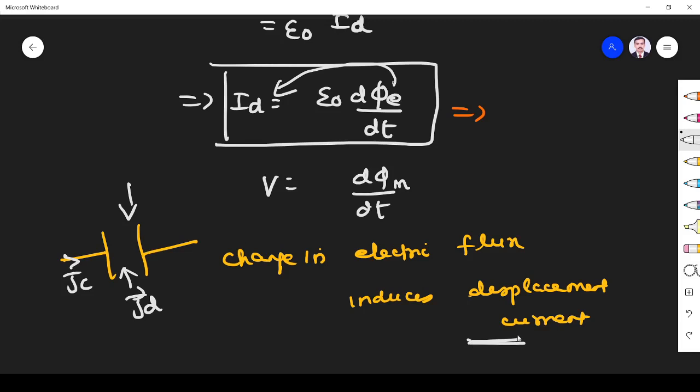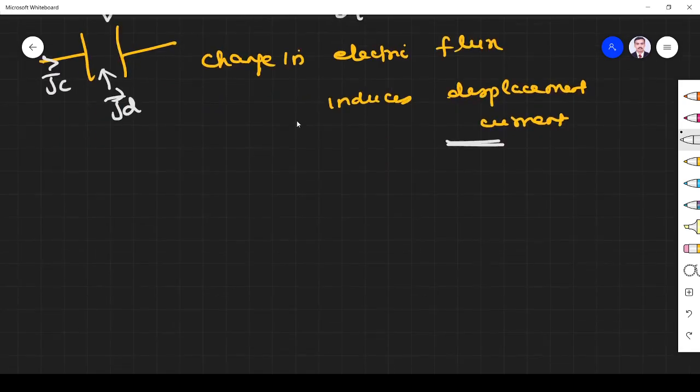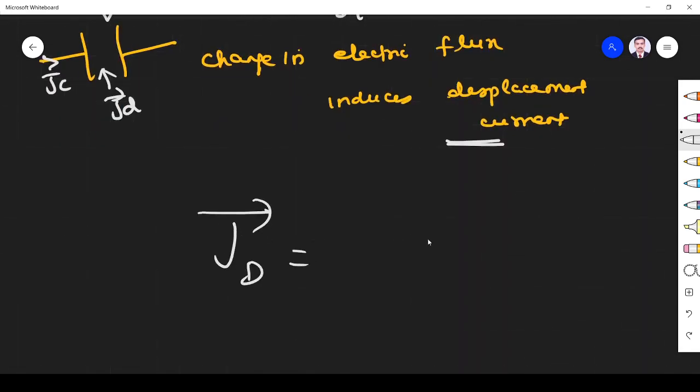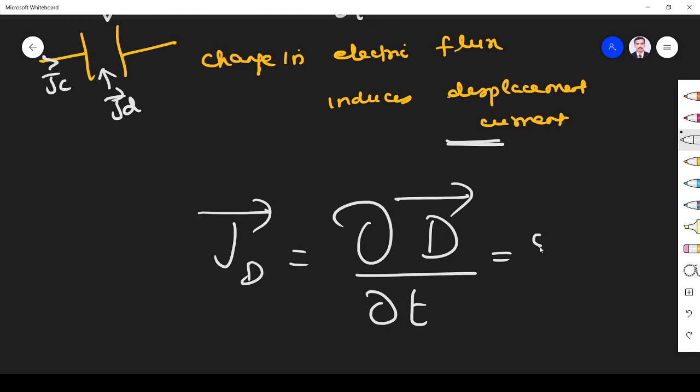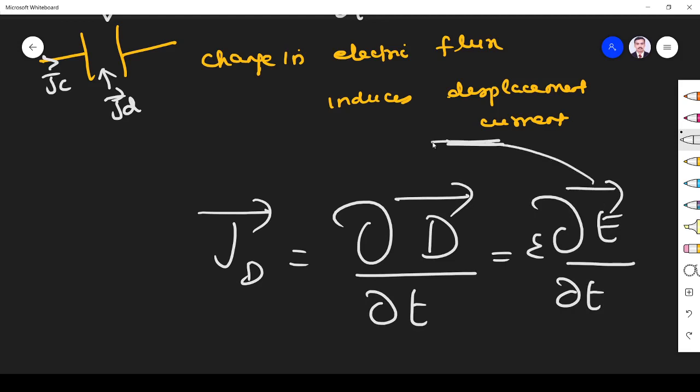That's why Maxwell's contribution is very, very important. So what has Maxwell introduced? He has introduced JD, given by dou D by dou t, that is equal to epsilon dou E by dou t, right? A change in electric field will induce current, right?